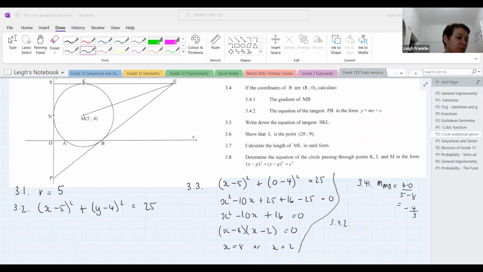It does, it involves the perpendicular thing, quite right. Okay, because every tangent is perpendicular to the radius.